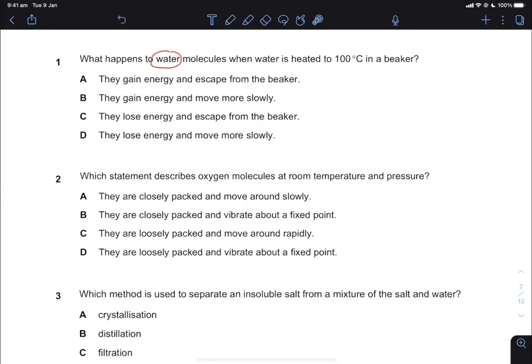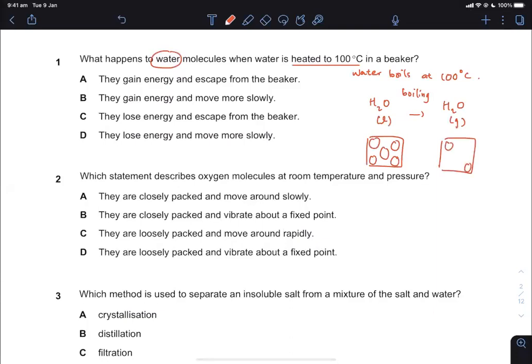So water is a liquid. As you heat it to 100 degrees Celsius, as you know, water boils at 100 degrees Celsius. So what's happening is you get H2O liquid and they go to H2O gas. This is called boiling. And as you boil, you will see that your liquid particles, which have a little bit of space in between, when they go to gas, are very far apart, a lot of energy.